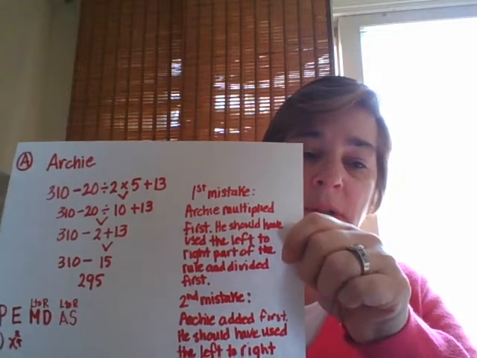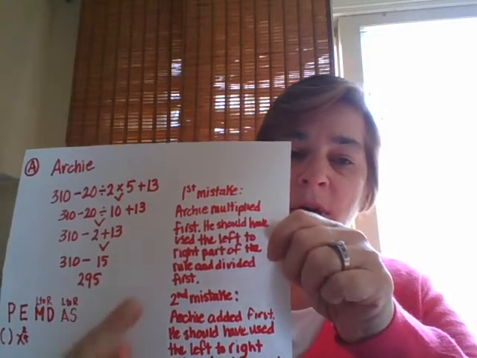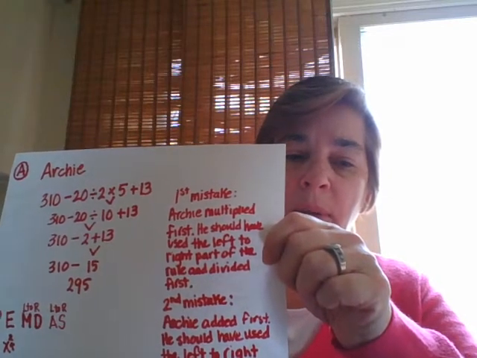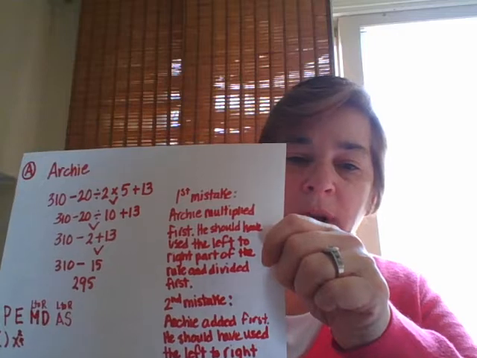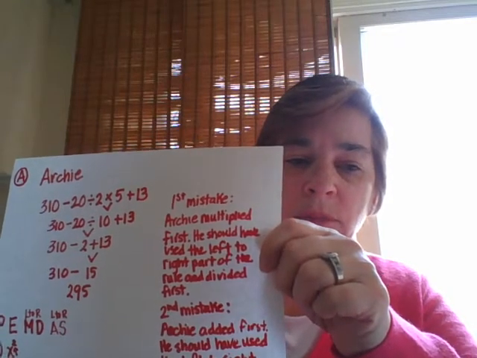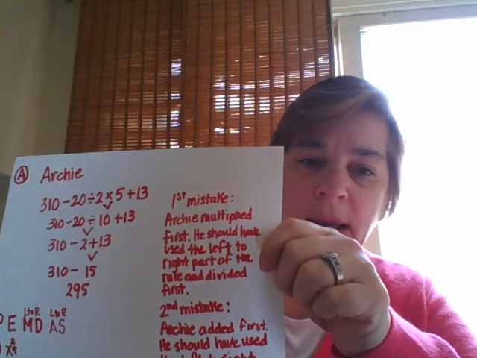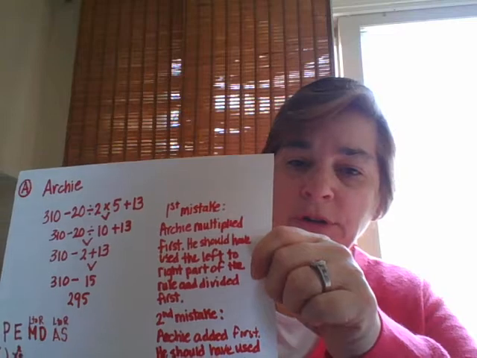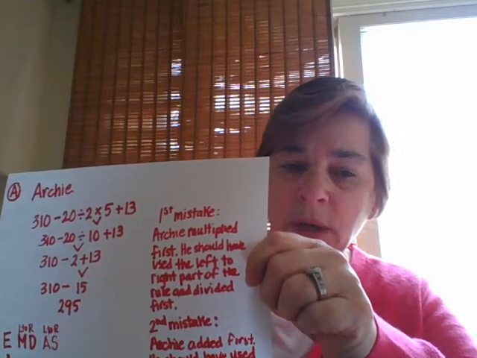P is for parentheses. E is for exponents, and there are none of those here, so I don't have to even concern myself. But there is one rule that is often forgotten, and that is that left to right rule. So I know that I have to do multiplication and division first, and I have to go from left to right, and whatever comes first in that order is what I'm going to do.